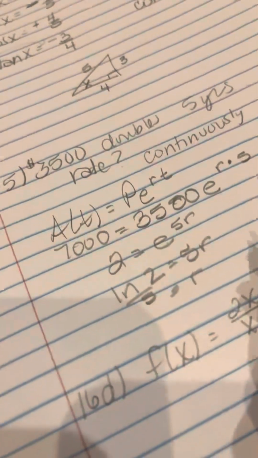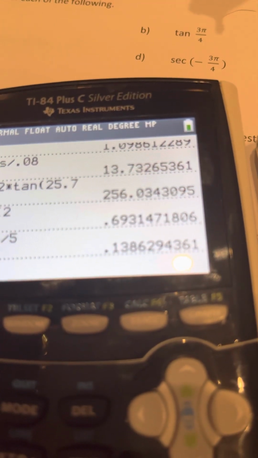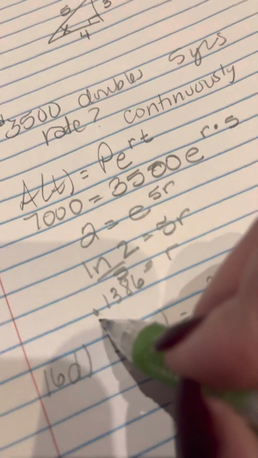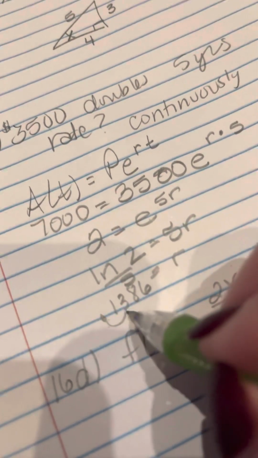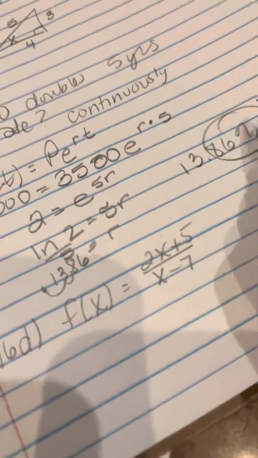This is going to give us R. And then if you want to change that to a rate, this is R. A rate is a percentage. So we have to move this over twice, so you get 13.86%.